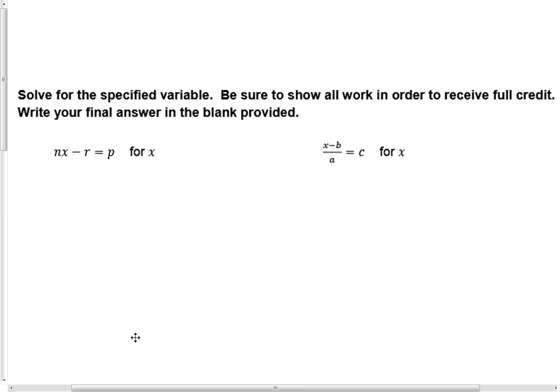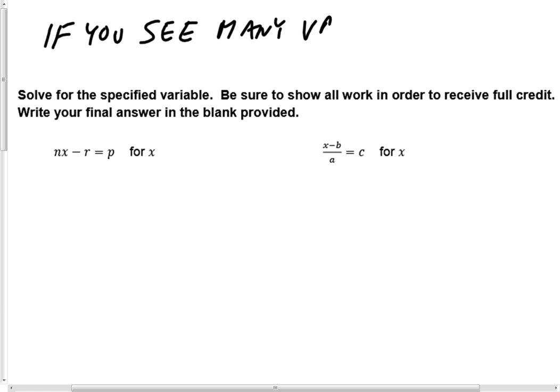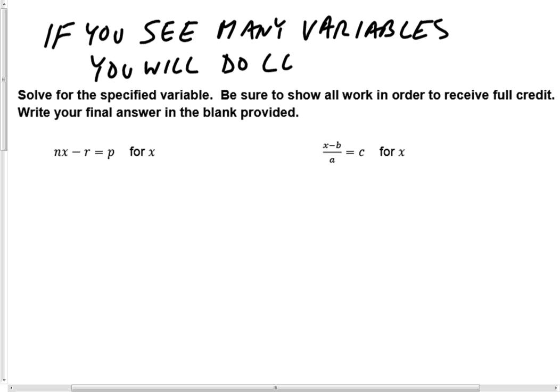At the top of this paper, write down. Some people get intimidated when a whole bunch of formulas show up and there aren't any numbers.